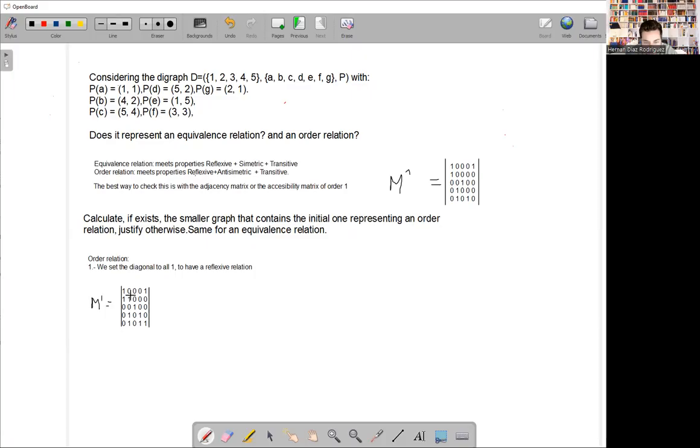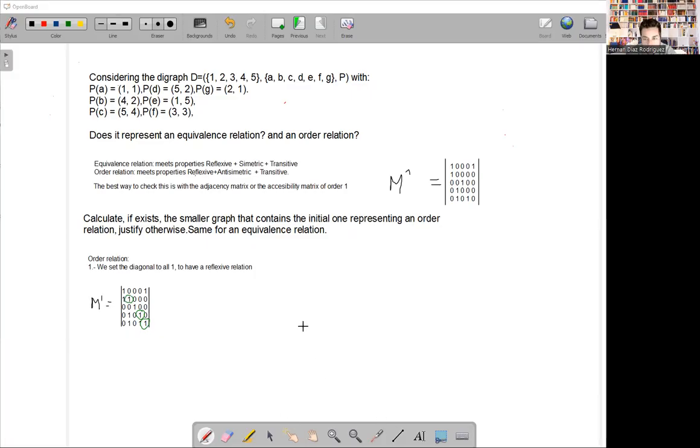Okay, so I will mark in green the elements that I changed to have the reflexive relation in this graph.